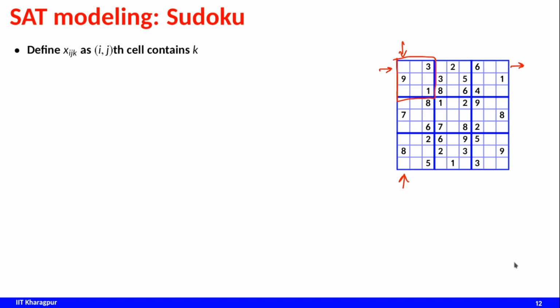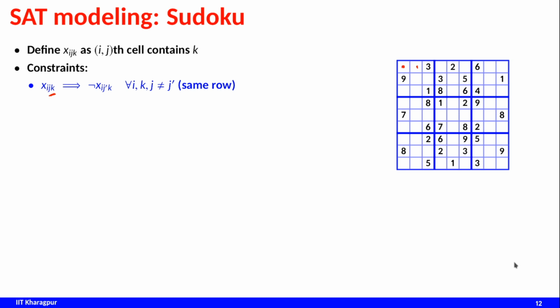So xijk is nothing but my Boolean variable. So the constraint that we would like to write is this way: if I look into two cells, let's say this and this cell, and if I choose k for the first cell, then in any other column I should not be able to place k.